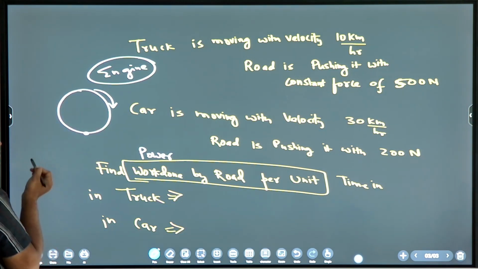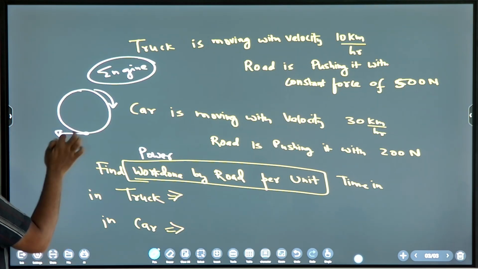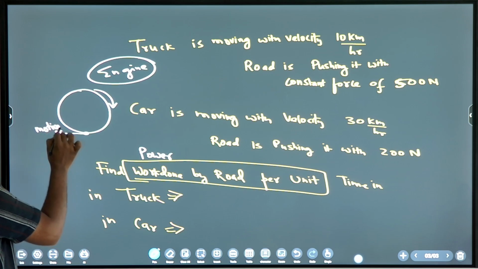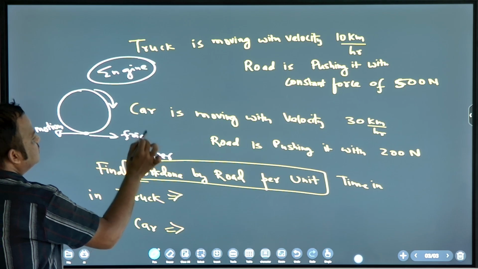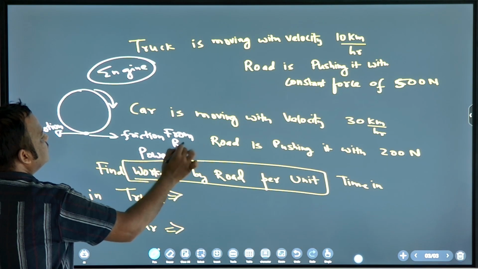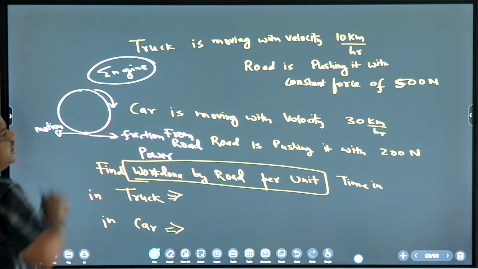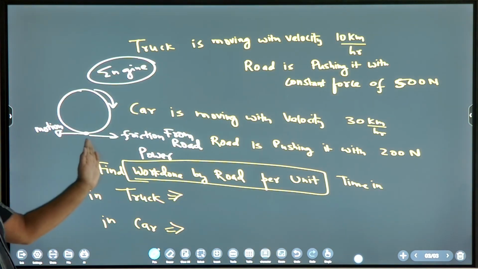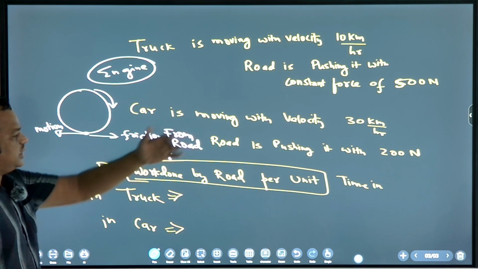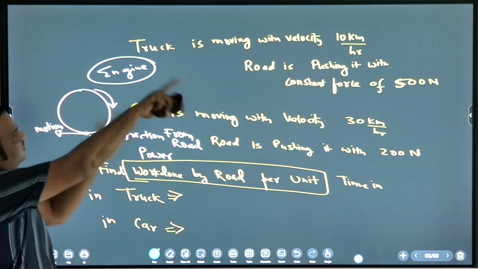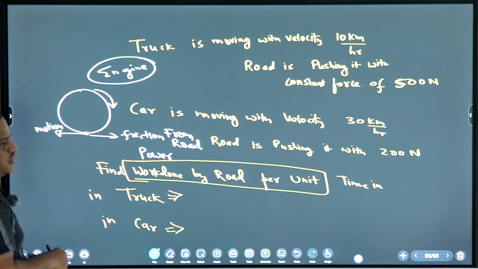Right or left? Left. Very good. So the lowest point is moving left, so friction from the road will act on the right side. This friction moves the truck and car. Are you getting?